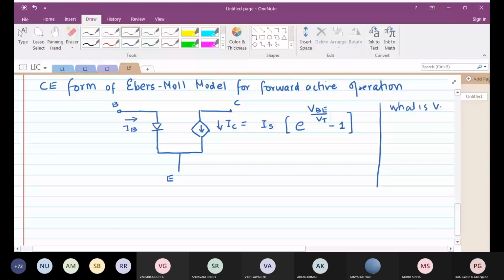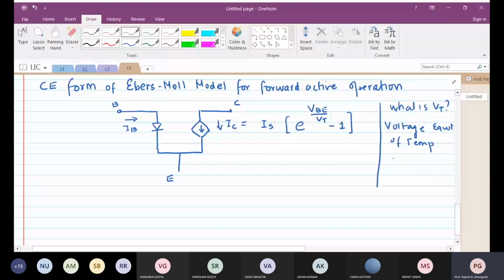Guys, what is this VT? Come on guys, answer me. Guys, am I audible? Equivalent voltage. Yes, absolutely correct. So it is the voltage equivalent of temperature. And what type of equation does it have?